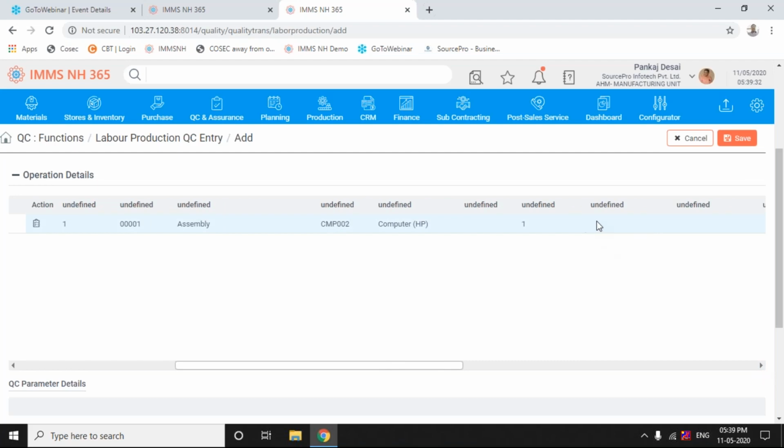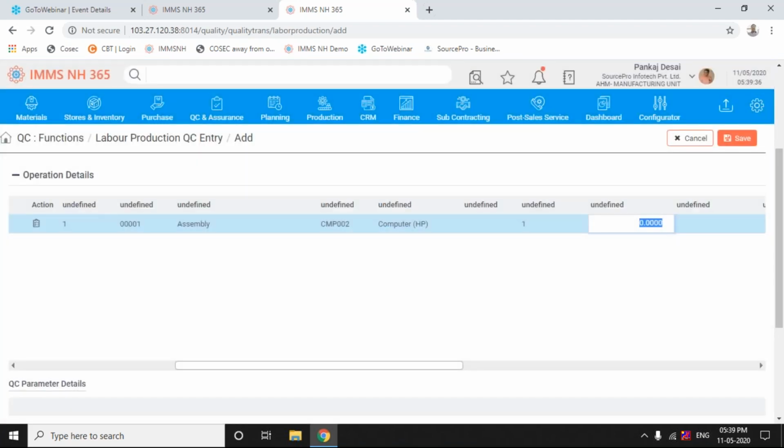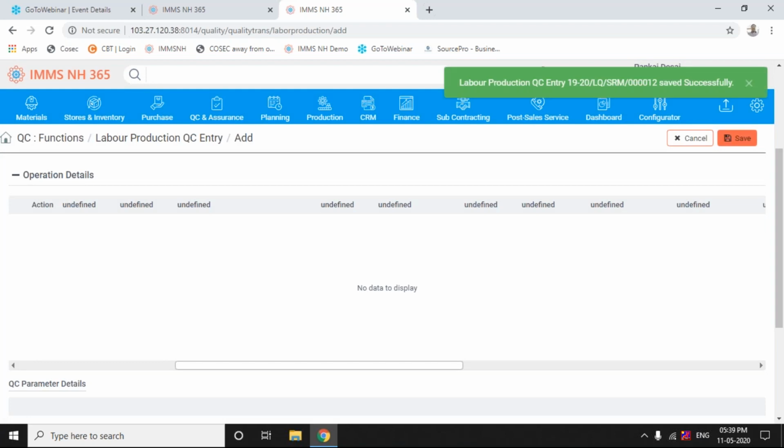There seems to be some issue on the column heading. We'll see that in detail, but right now, since the operation was yes, we have done that. You can in fact define the parameters also which are required at this point of time, right? So labor production QC is saved.